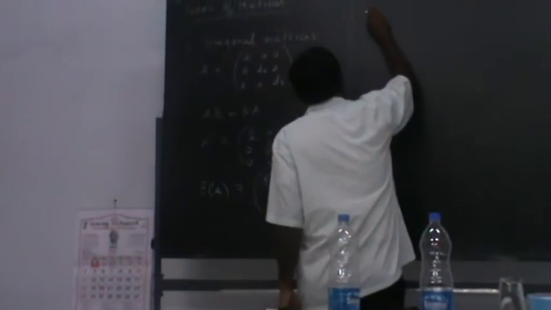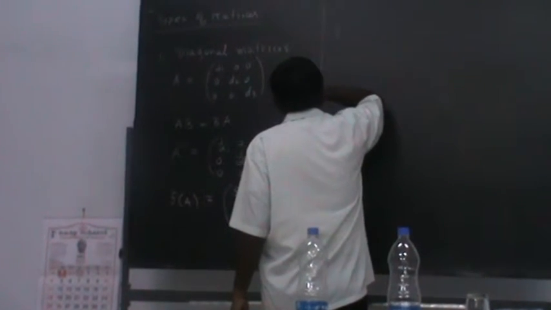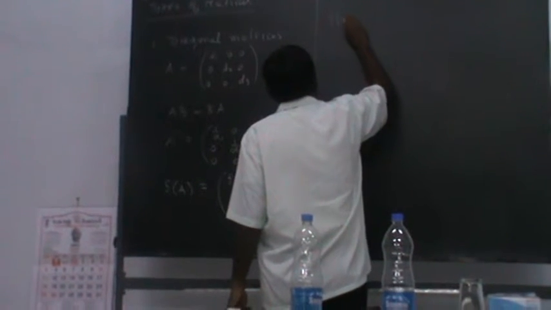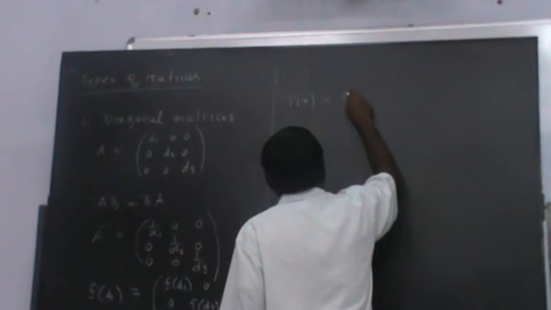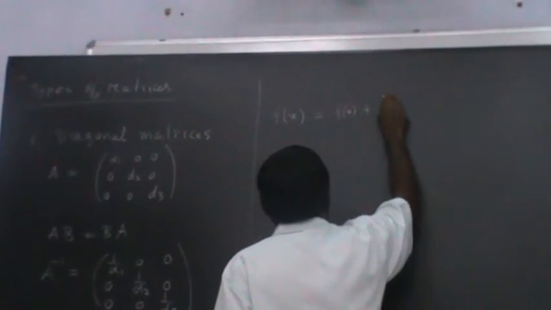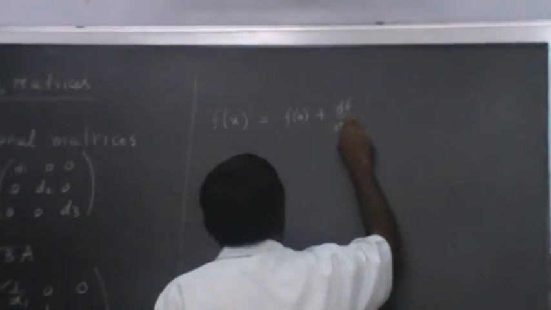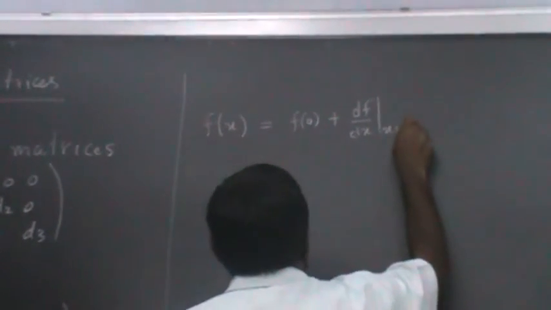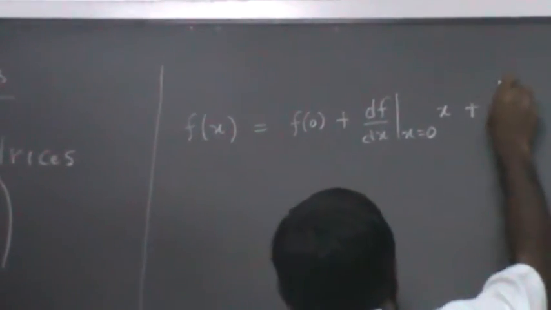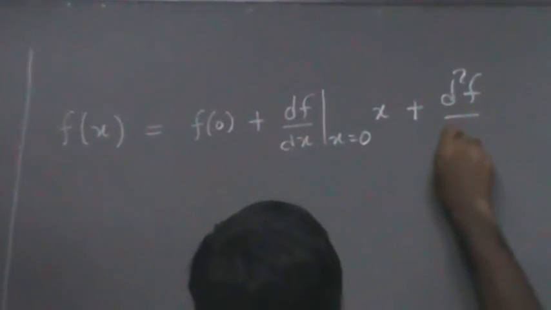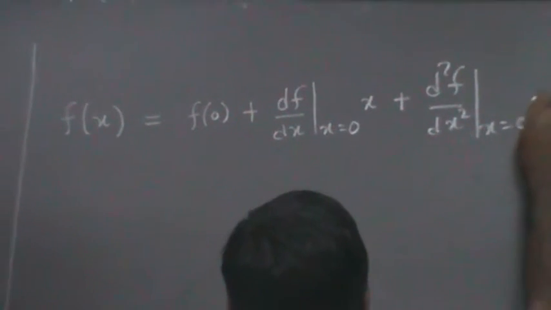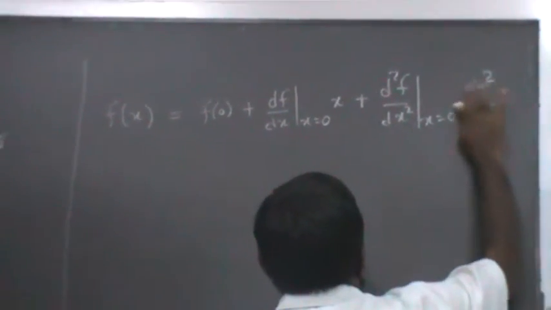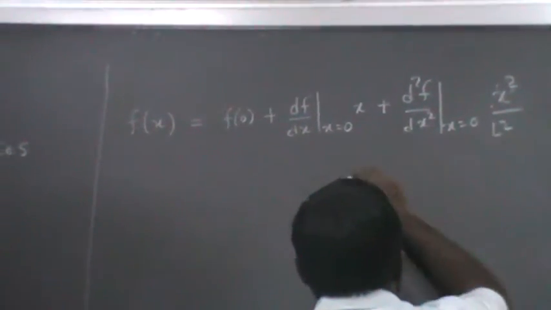assuming that if you have a function f of x, this can be written as f at 0 plus df by dx evaluated at x equals 0 times x, plus d2f by dx2 evaluated at x equals 0 times x squared by factorial 2, and so on.